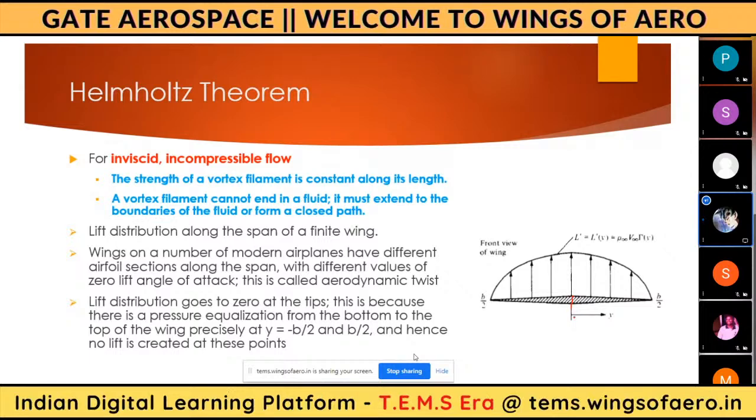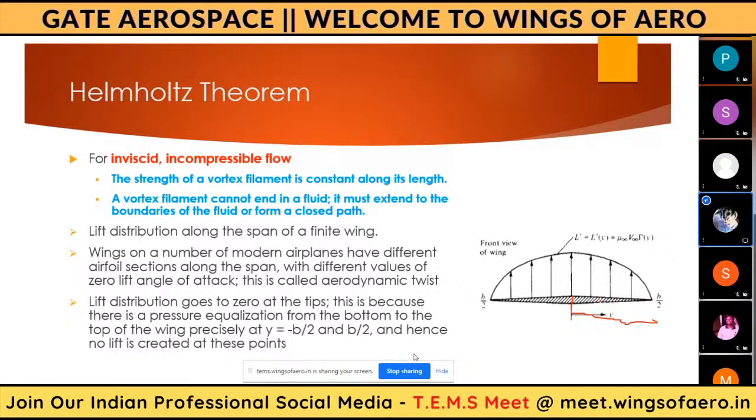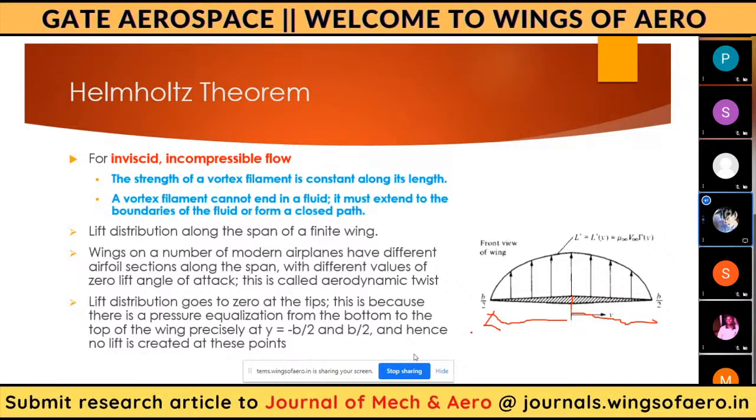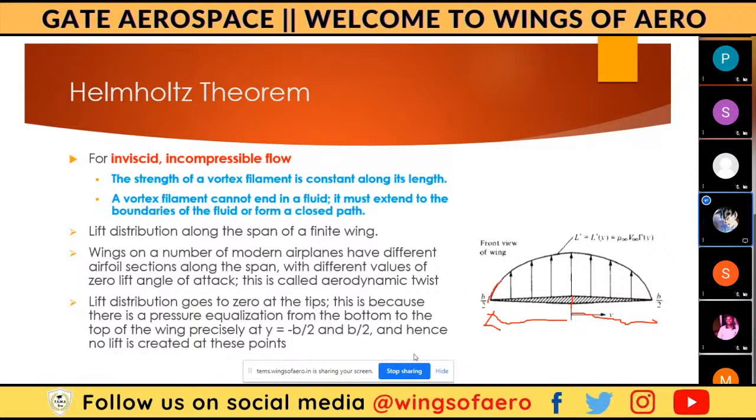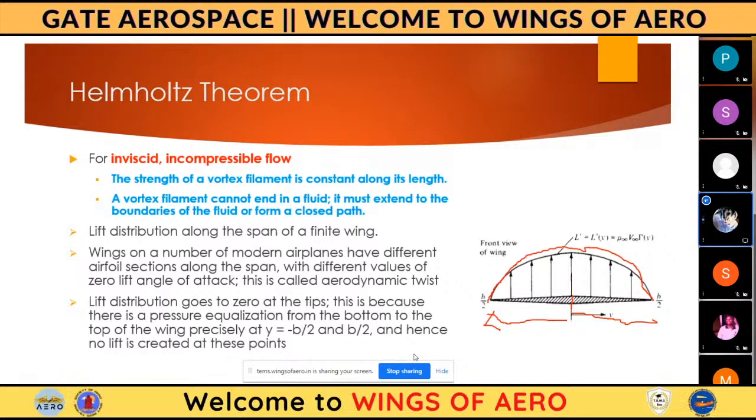This is the origin of the wing, and from here to here it is b by 2, and on the other side also b by 2. This is the planform of the wing, and you can see an arc, which is the lift distribution over the surface of the wing. We will see later how the lift distribution is such.